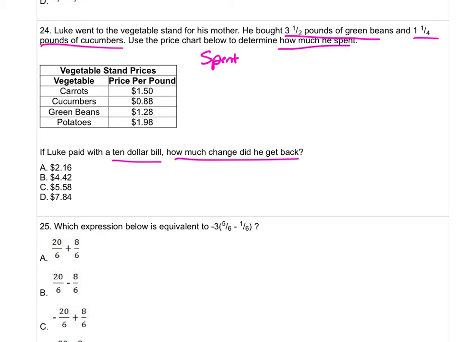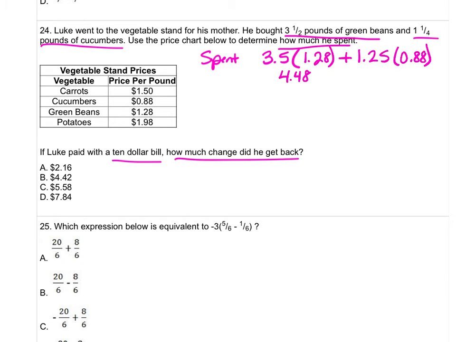He bought 3.5 pounds of green beans, and I can convert that to a decimal. So he bought 3.5 pounds of green beans times the cost of green beans, which is $1.28, plus he bought 1.25 pounds of cucumbers, which is 1.25 as a decimal. The price of cucumbers is 88 cents.